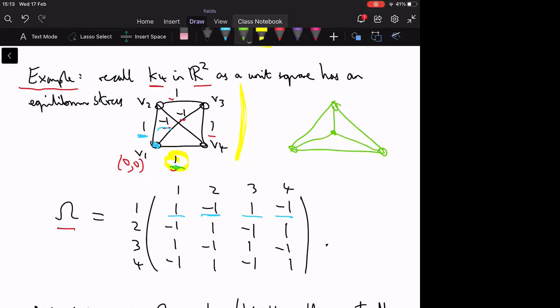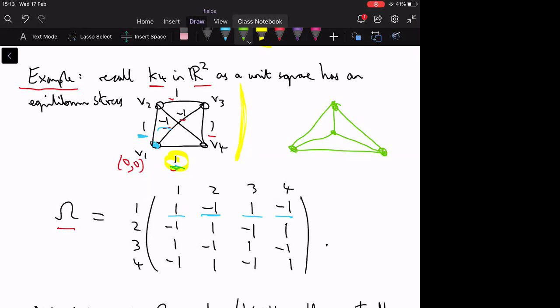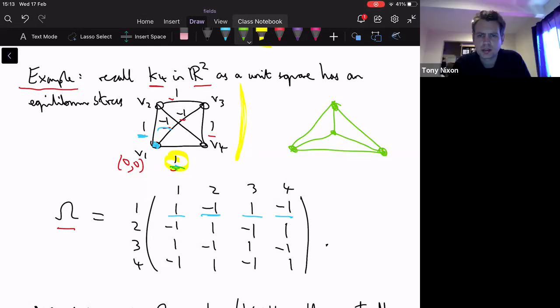I don't know, I would have to do the calculation. My guess is that this is sufficiently generic that unless you put some extra conditions, this will still be a stress like this one. It might not be so nice as 1s and -1s, but it'll still be non-zero on all the edges. It would be surprising if they sum to 0 on the diagonal, but I'd have to do the calculation.